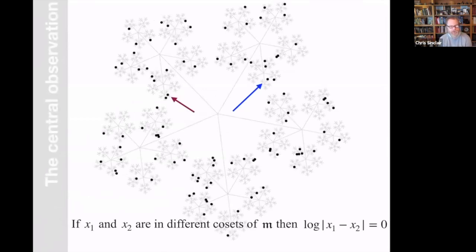Here's the central observation, and it's the same observation that Joe gave you before: if I take two particles that are in different cosets of the maximal ideal, then the log of the distance between them is 0. That is, two particles that are in different cosets have 0 energy of interaction.